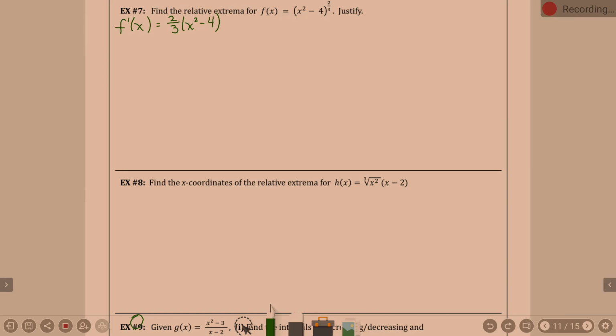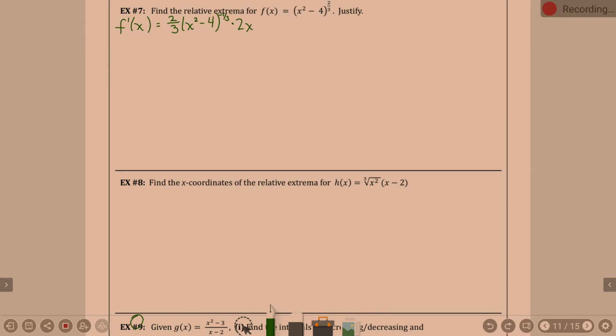There's a power rule there, yes. So multiply by the 2/3 out front, keep the inside the same, subtract 1 from the power. 2/3 minus 1 is negative 1/3. Then it's chain rule times derivative of the inside, so derivative of the inside is 2x.